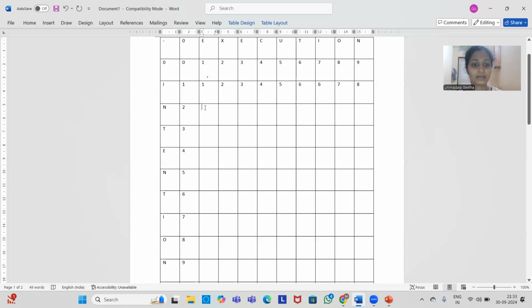Now compare the letters N and E. We compare the numbers for this N and E, 1 and 2. 1 is the smallest number, so we add plus 1 to that number. It becomes 2 here. Compare N and X, the number becomes 2. Compare N and E, the number becomes 3. Compare N and C, the number becomes 4.